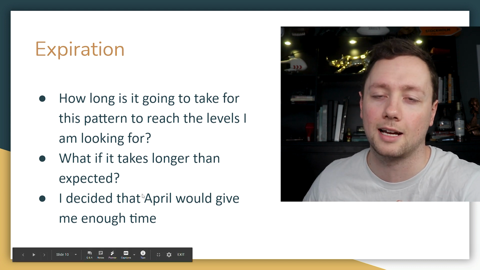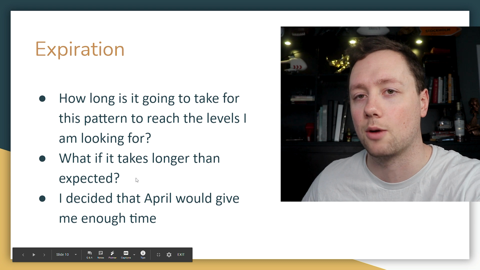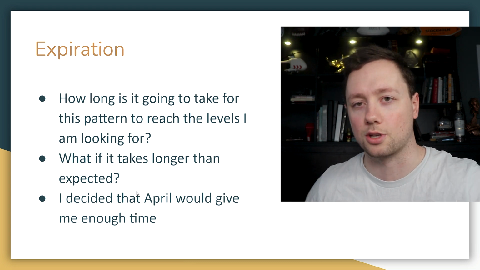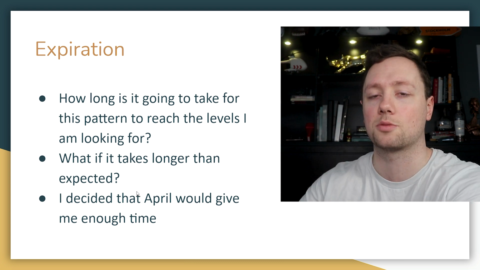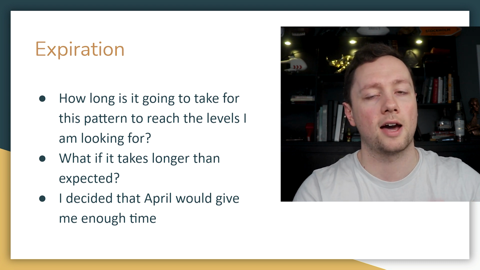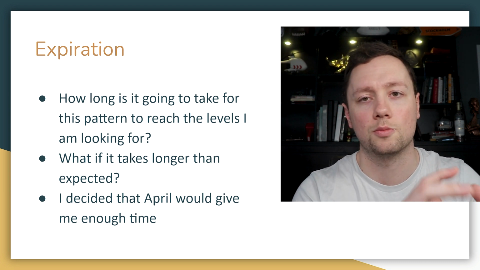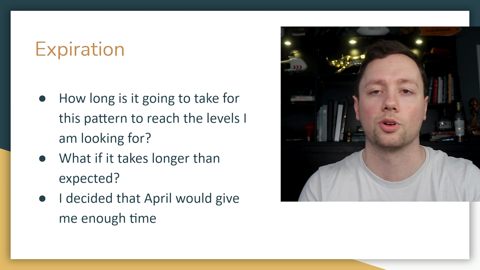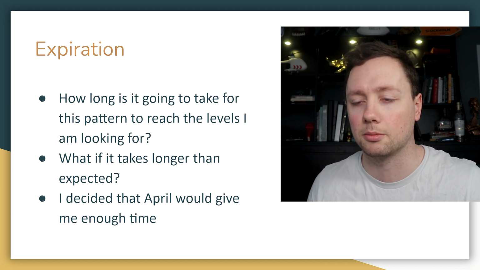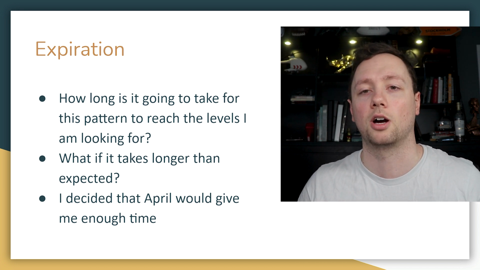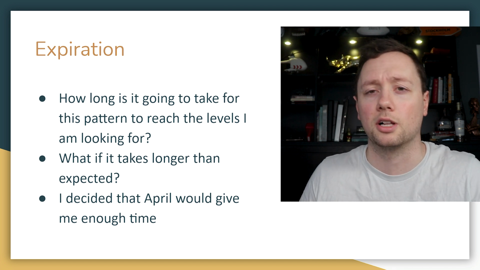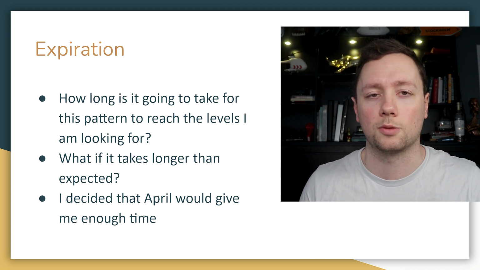So I decided that the expiration on the option that I wanted to buy was in April. That's how I thought about the expiration for Apple. I thought my assumptions are going to take 1 to 2 months to play out. I need an extra month worth of time there, so let's go for a 3 month timeline. That way middle of April is when my options expire, and I'm buying them pretty much middle of January, so I got about 3 months worth of time there.